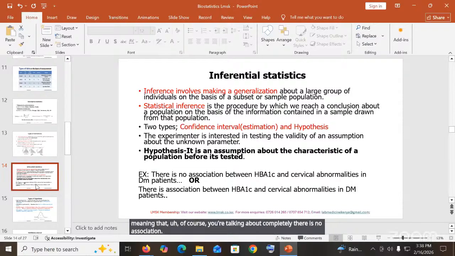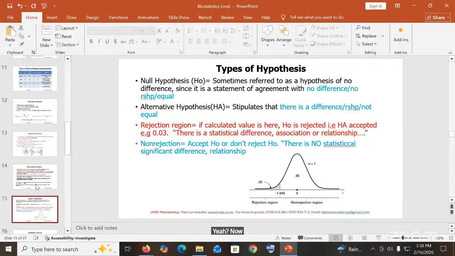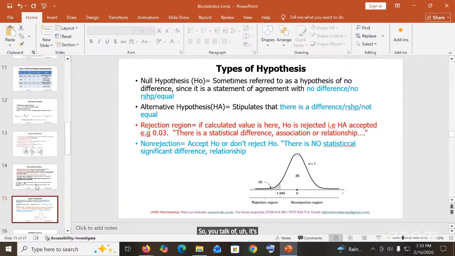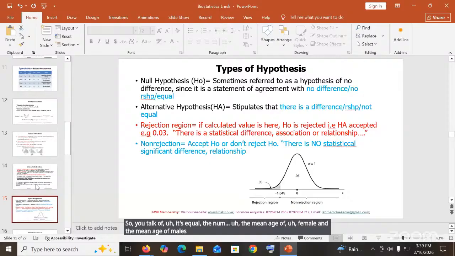The null hypothesis is also sometimes referred to as no difference, since it is a statement of agreement: no difference, no relationship, or equal. The mean age of females and the mean age of males in diabetes patients is equal.